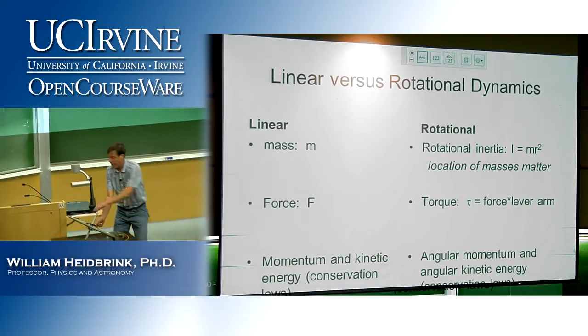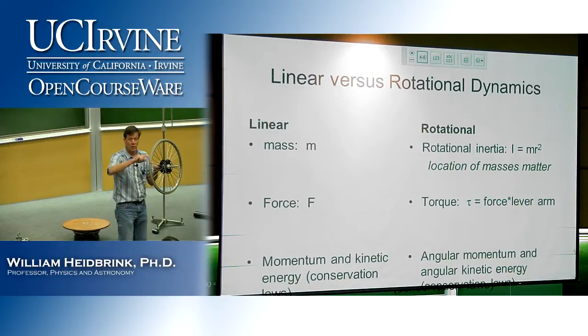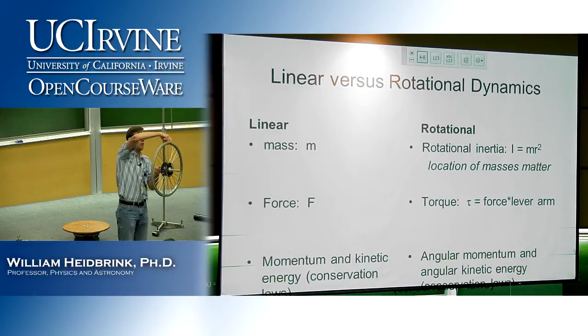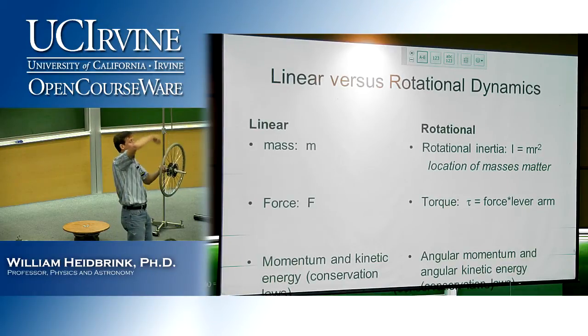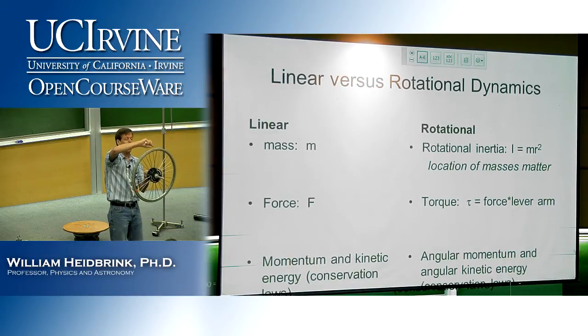So if I want to do work on a bicycle wheel, I will want to apply a torque to it. I apply a torque by applying a force this way, so that R cross F will apply a torque to it. I can do it over a tiny angle, and I won't do a lot of work, and it won't have a lot of kinetic energy.